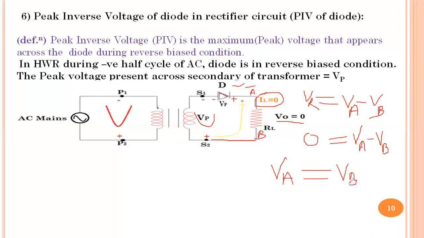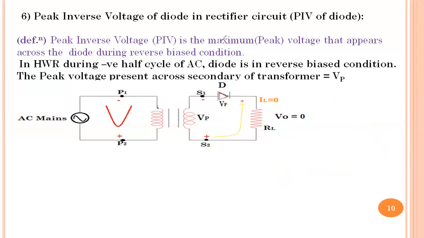Therefore, the voltage present at S2, Vp, will be brought to the cathode of the diode. So under reverse bias condition, the peak voltage present across S2 and S1 will be brought to the diode also. So the voltage that appears across the diode under reverse bias condition will be the same as the peak value of voltage present across the secondary.